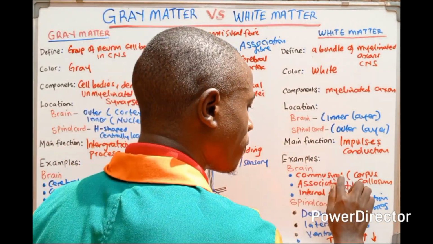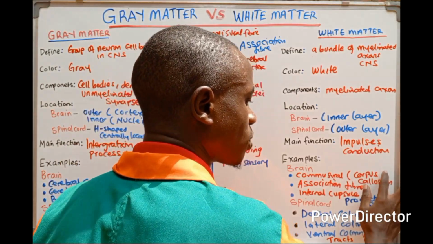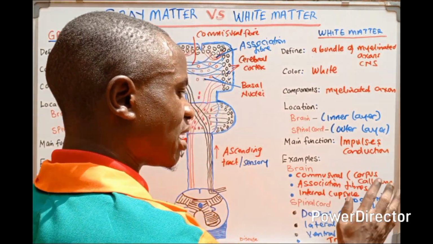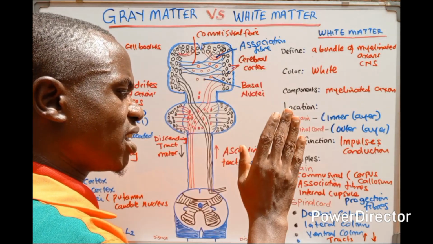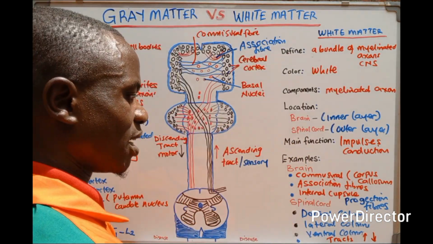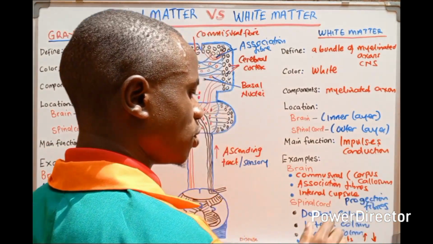Okay, and then we said that the examples of the white matter within the brain include the commissural fibers, which connect the two cerebral hemispheres, and the classic example is the corpus callosum. We said that we also have the association fibers that help in the movement of messages between the frontal areas and the back, or occipital, areas. And then we said that we also have the internal capsule, which is made of projection fibers.